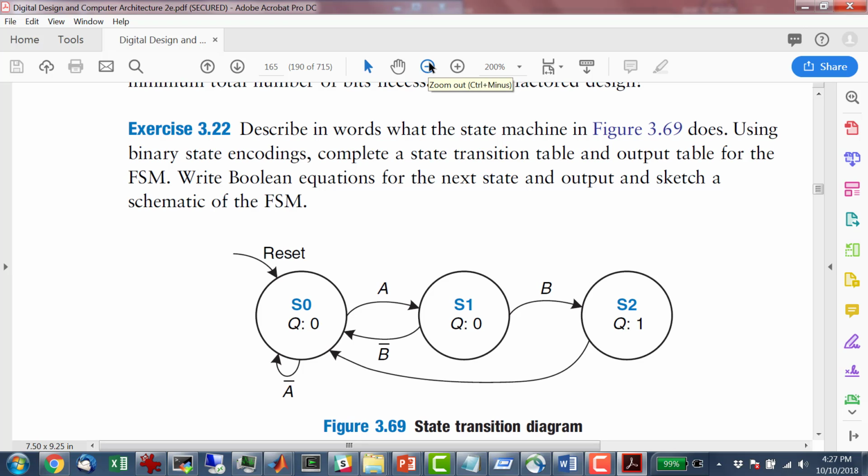So I have a 3-input AND gate where I take not SA and SB and B, and that's going to give me the input to this SA. This is going to be my next SA, so SA prime. So it's just like building any other combinational logic, except you've got this feedback from the current state to the next state.